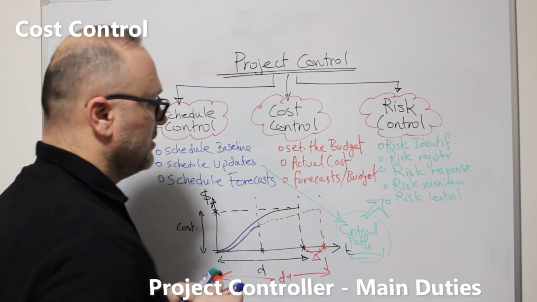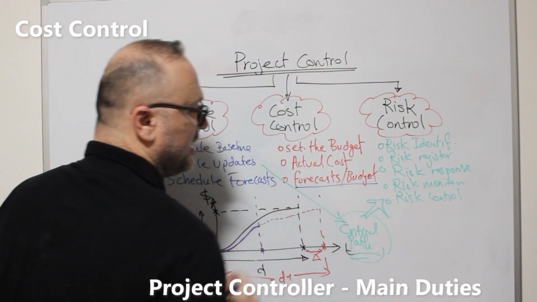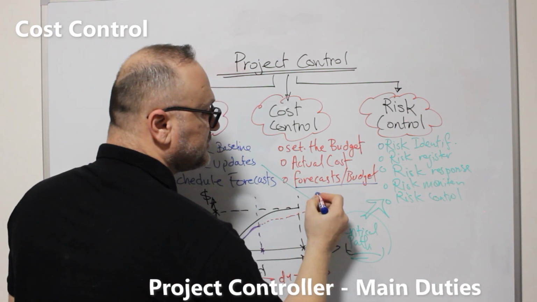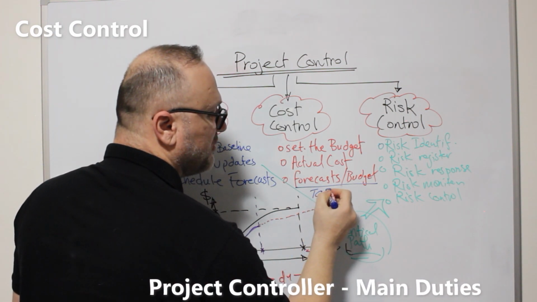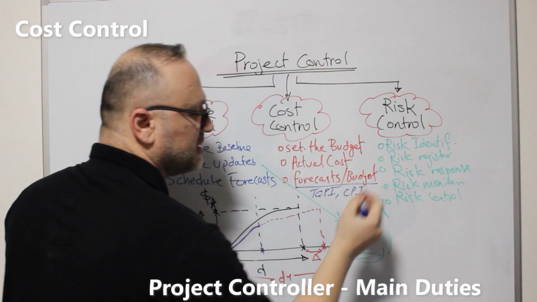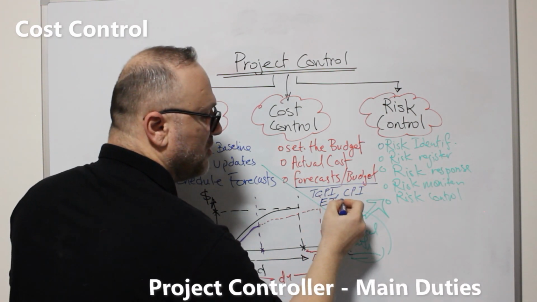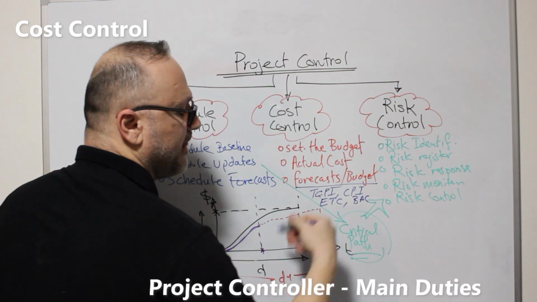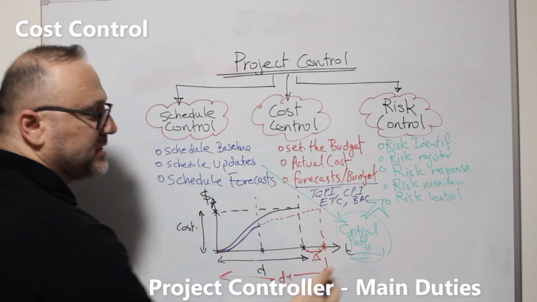Means needs to make the forecast parameters for the project, which are the to complete performance index, cost performance index, estimate to complete, budget at completion, and others.